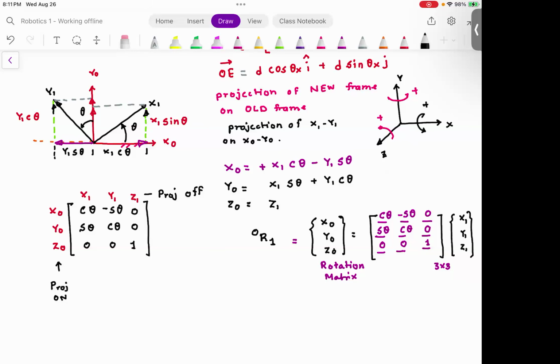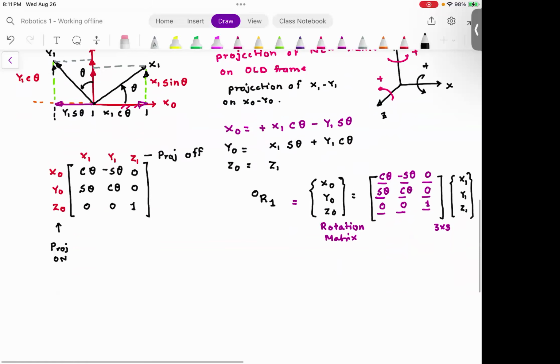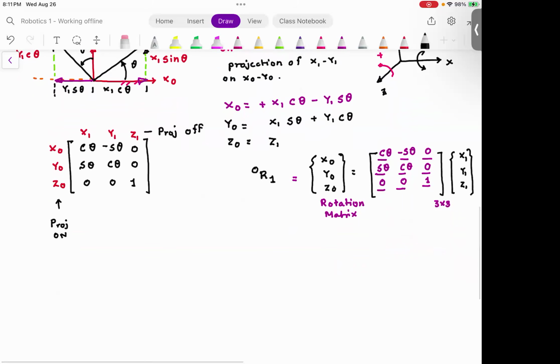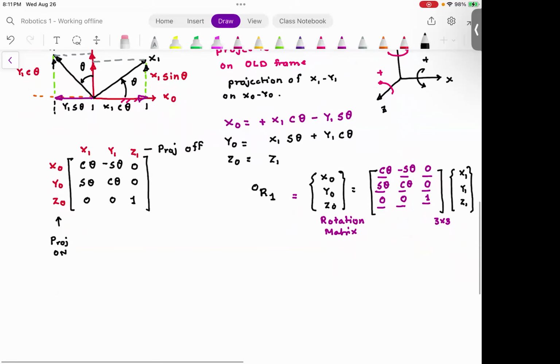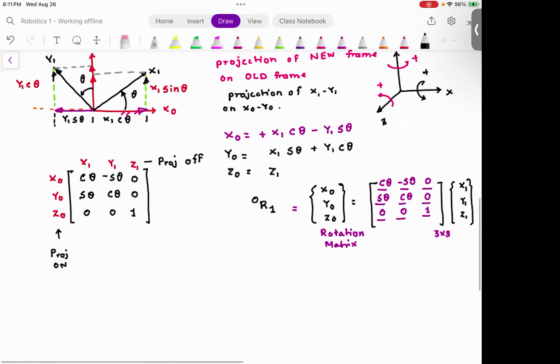Now, the quiz problem that I'm going to ask you to work on, I'll set the stage. Why is this important? Because an actual robot arm may have complicated geometry.